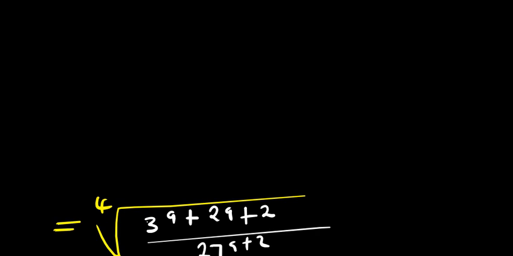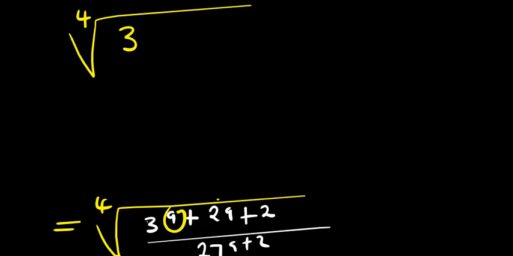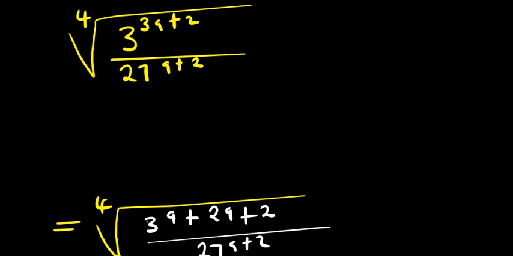We're going to have the fourth root. Don't leave out your root. We're going to have 3, and we add now a plus 2a, that is 3a plus 2, over, down, we've got 27 to the power a plus 2.